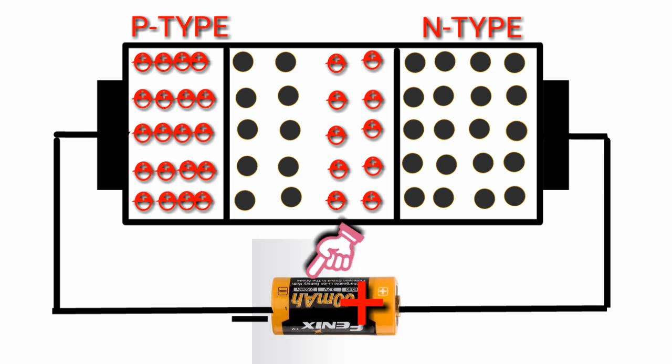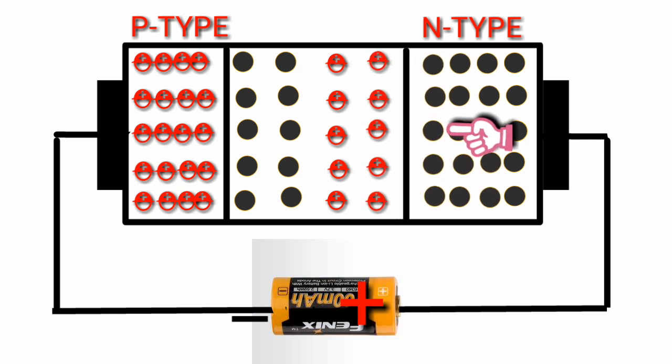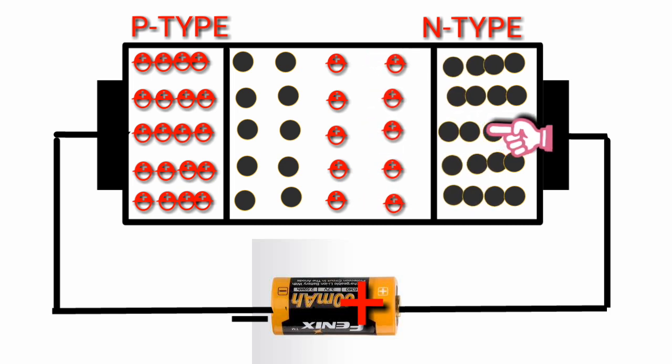At the same time, the positive of the battery is connected to the N-type of the semiconductor. Then, the positive of the battery attracts the negative charge particles, and they move to the right side of the N-type.